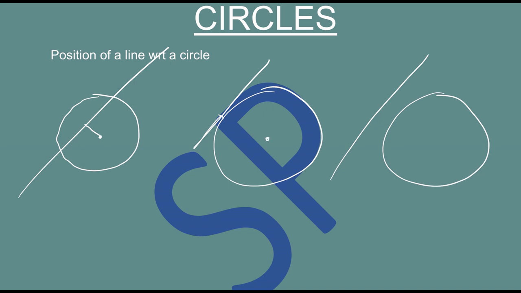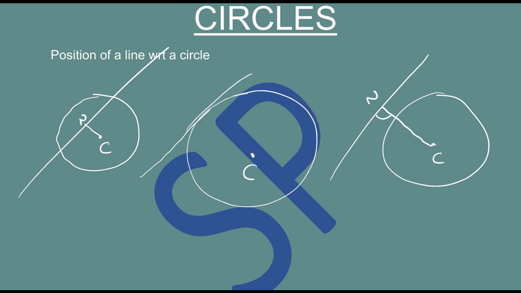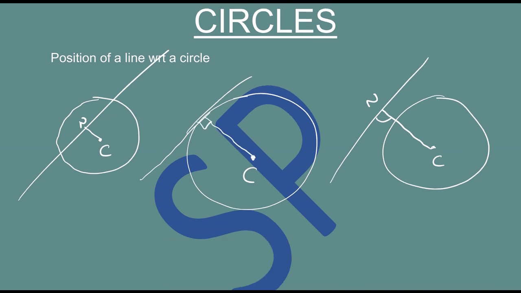Let me call center as C, and let the foot of the perpendicular from the center onto the line be N. We know that when the line is touching the circle, and if I join the point of contact and the center, then that radius is perpendicular to the tangent. Okay, here the foot is N.